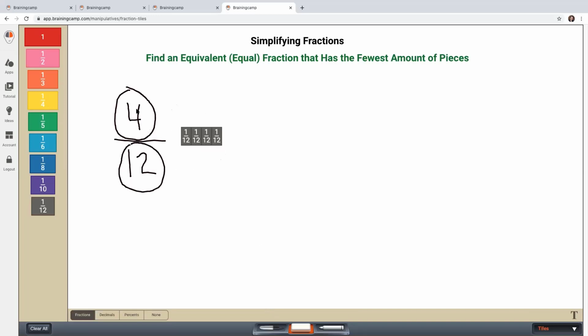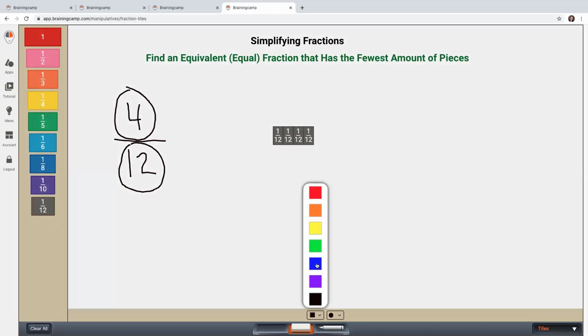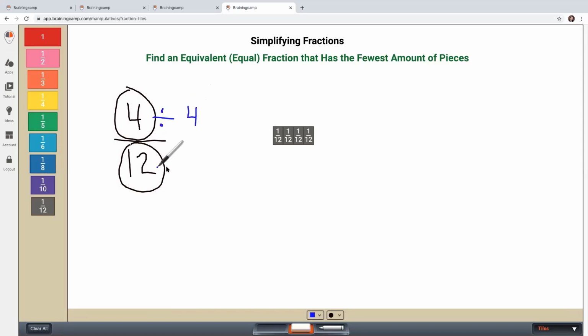And then the greatest common factor that your numerator and your denominator have in common is the number that you can divide by. So let me show you, for example. Okay, so I know that the greatest common factor of 4 and 12 is 4. So I'm going to divide 4 by 4 and also 12 by 4.